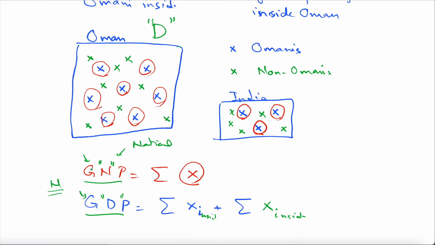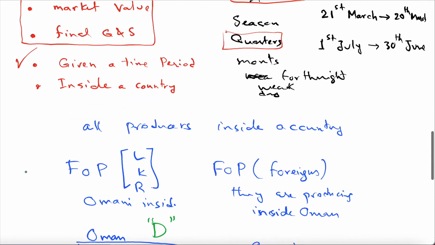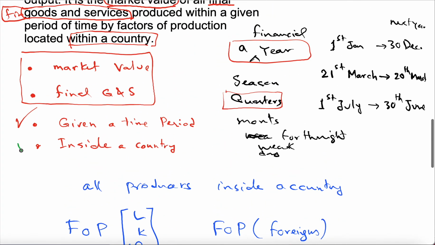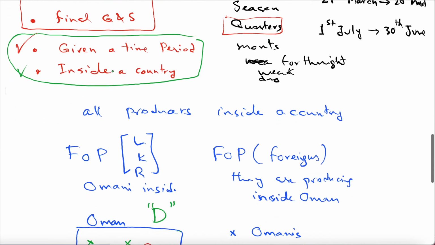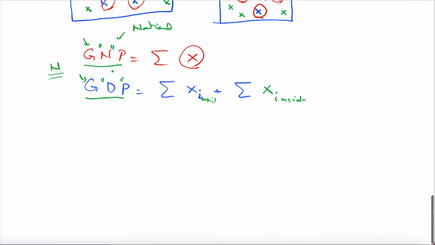N for net and G for gross. So this is taking care of two things. The easy one. But the other two are not that easy to explain. Why do we choose market value? Why non-market value?